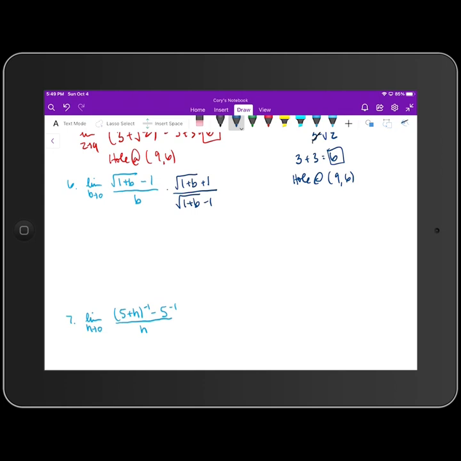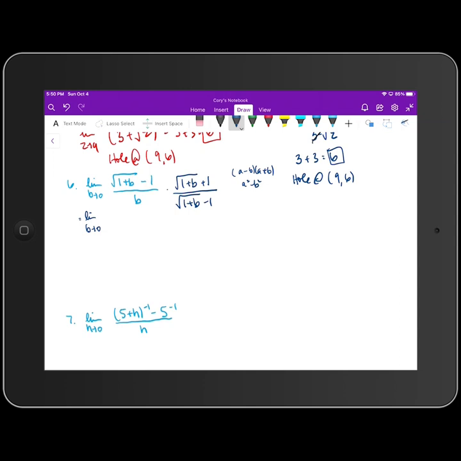Okay, so this is going to become the limit as b approaches 0. Again, we have to keep writing the limit as b approaches 0 until we actually plug 0 into our function. When we look at that numerator, it is of the form a minus b times a plus b, so that's going to multiply out to a squared minus b squared.